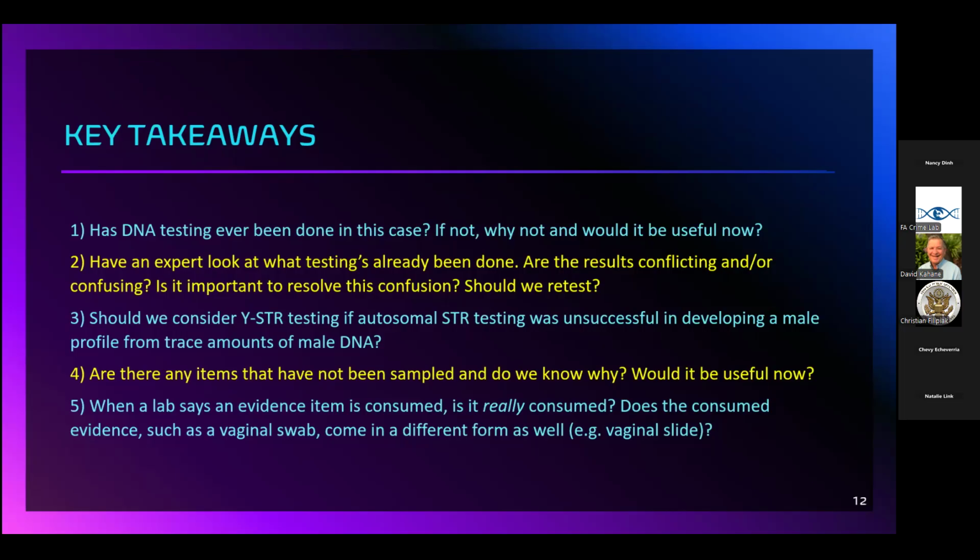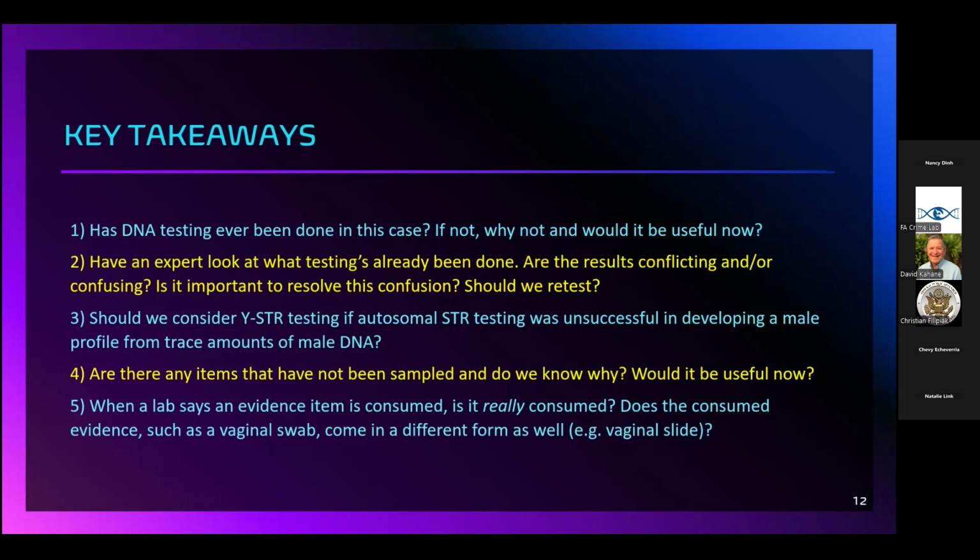Would it be useful now? Have an expert look at what testing's already been done, and are the results conflicting or confusing? Is it important to resolve this confusion? Should we retest it? Should we consider YSTR testing if autosomal STR testing was unsuccessful in developing a male profile from trace amounts of male DNA?